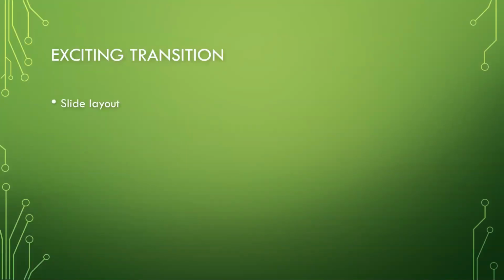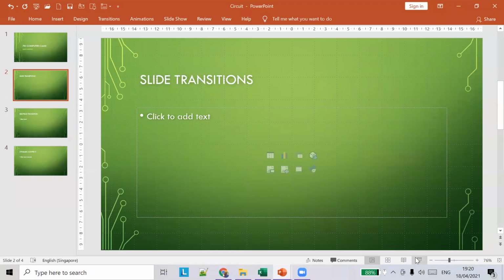So you have 3 options to move between different slides: the mouse click, the space bar, and the left or right arrow keys. So this is another point to remember. Okay, got it?